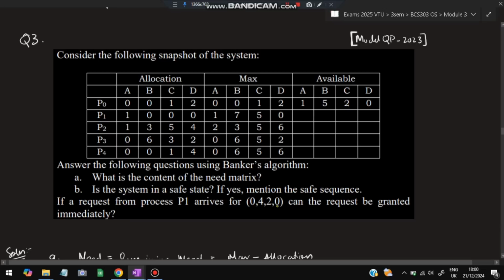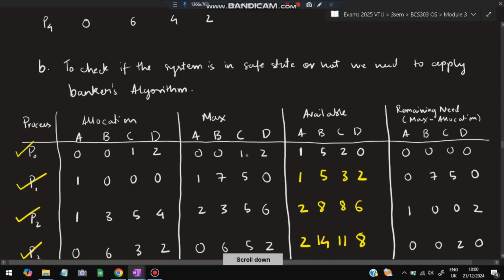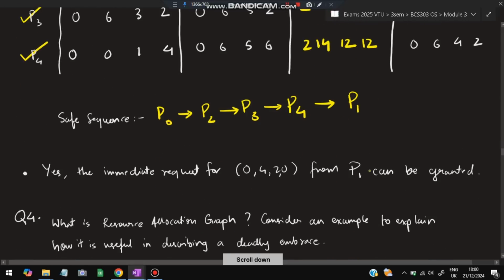So based on this, I can tell that this request can be granted 0420, because the available ones I have, also some allocation is here. If we combine them, allocated resources of p1 and available resources which I have, this need can be satisfied immediately. So my answer will be yes, the process p1 request for 0420 can be satisfied immediately.